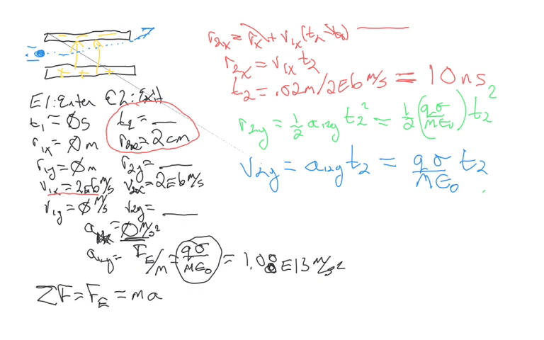Your other quantities then that you're trying to find, like your velocity, turns out to be 108 kilometers per second, or 1.08 times 10 to the 5th meters per second. So that's pretty fast, 108 kilometers per second. And lastly, the position where it comes out is 5.4 times 10 to the negative 4th meters, or 540 micrometers.